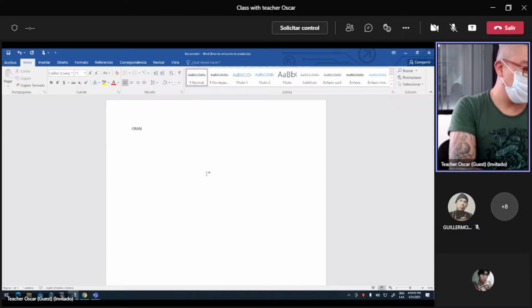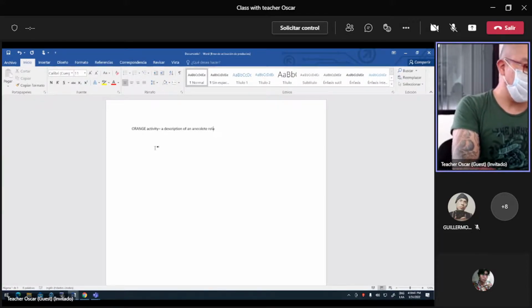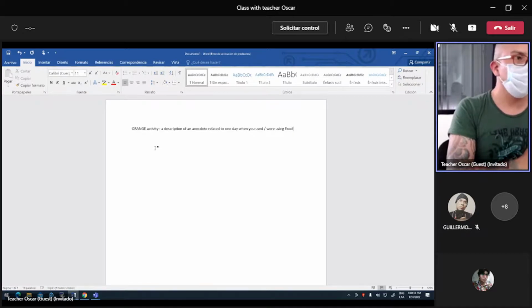Okay, the orange activity will be a description of an anecdote related to one day when you used or were using Excel. Is that right? Is that well written?